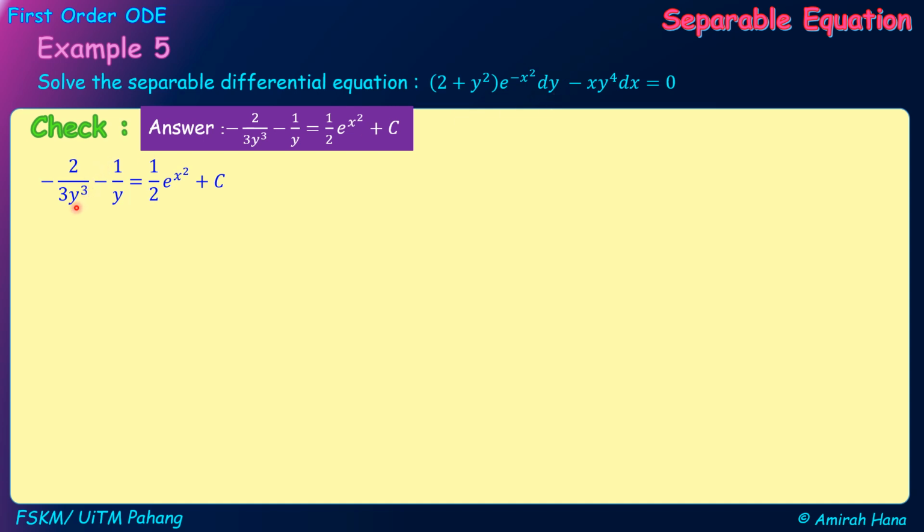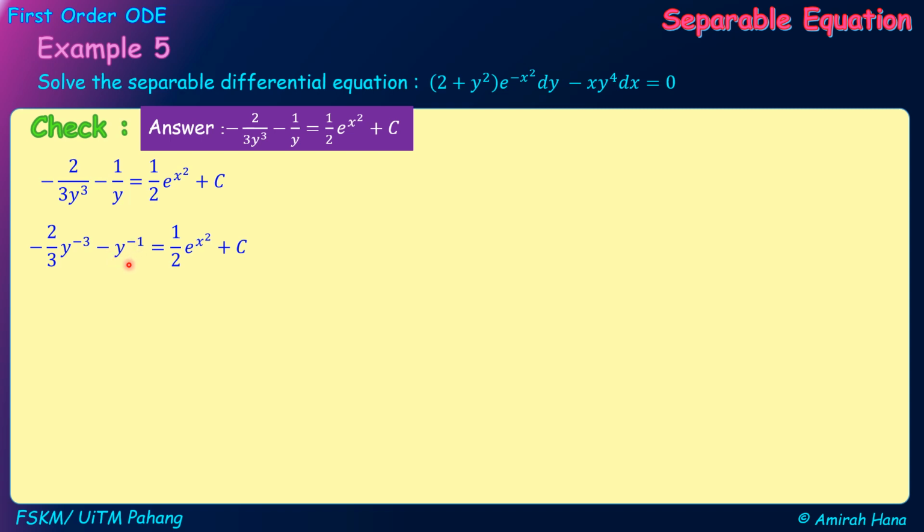So from here, to differentiate, first we need to move y cubed up using the properties of indices. So we get times y to the power of negative 3. And then over y here, we move up using the properties of indices. So we get y to the power of 1.